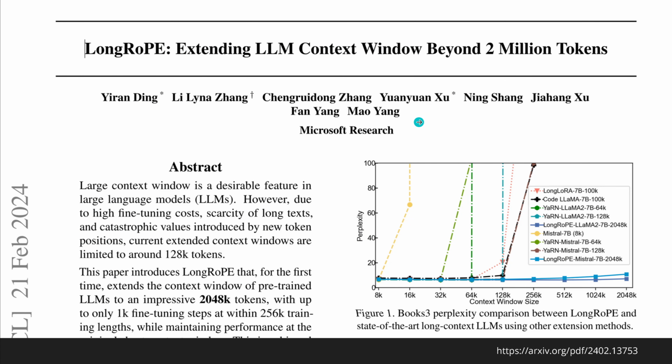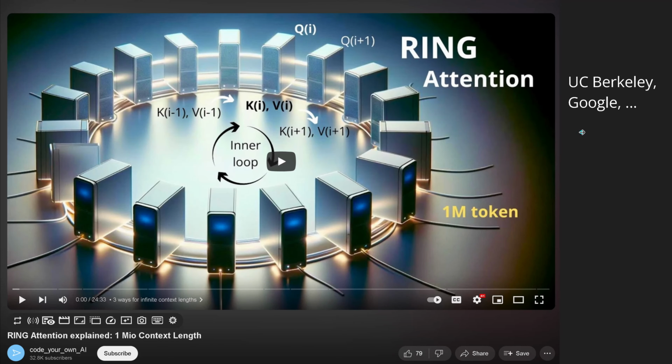At the end of part 1, I mentioned that Microsoft said, hey, now we have LongRoPE, and we go beyond 2 million token if we have the base model of 8K token. Just to give you the information that at this time, we already had the solution for the mathematically correct way of doing 1 million token length.